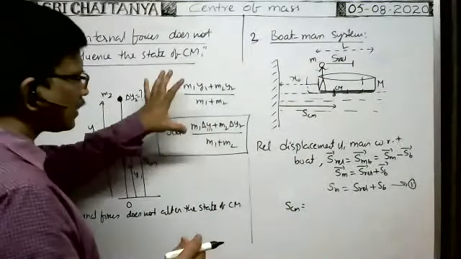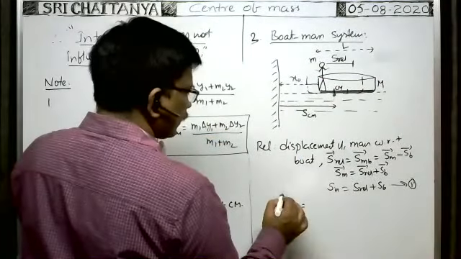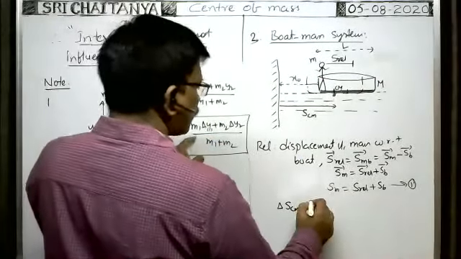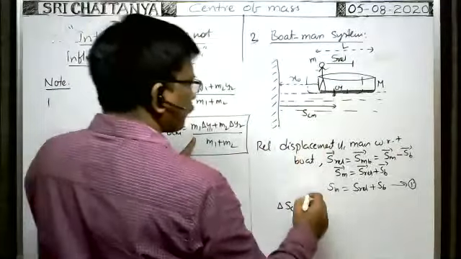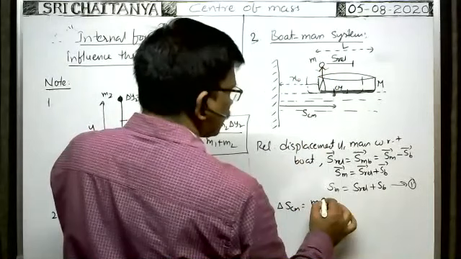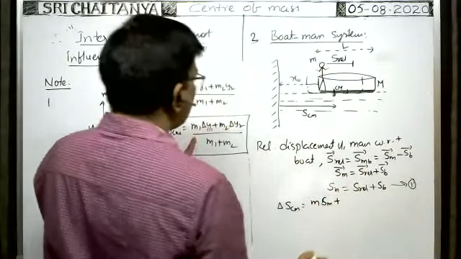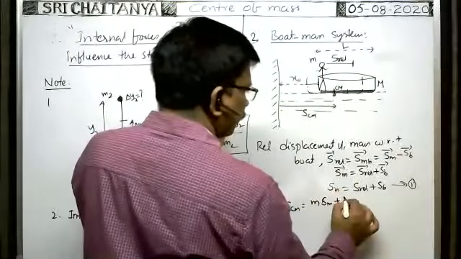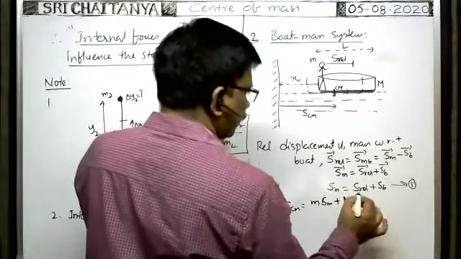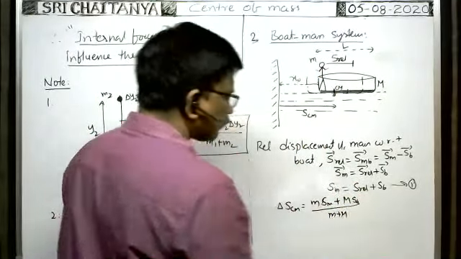Imagine the same formula along the x-axis: displacement of center of mass delta SCM is equal to mass of the man, small m, into displacement of the man SM, plus mass of the boat, capital M, into displacement of the boat SB, whole divided by the total mass of the system, small m plus capital M.